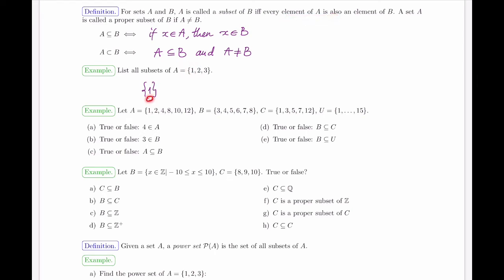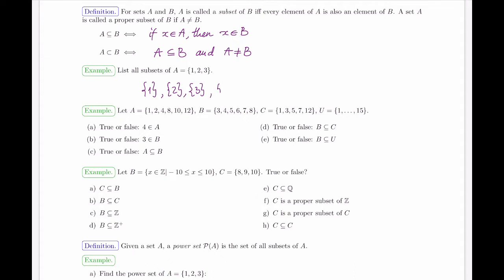Every element of the subset is contained within the larger set. Is that true? Well, certainly there's only 1 element here, and it is in fact here. The next subset I can have is a subset containing just 2, and the next subset I can have is just a subset containing the 3. So I can have these singleton subsets. What else is a subset?